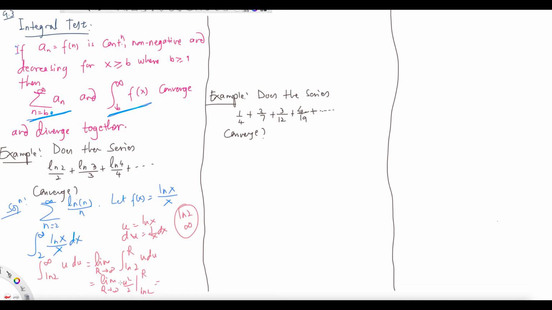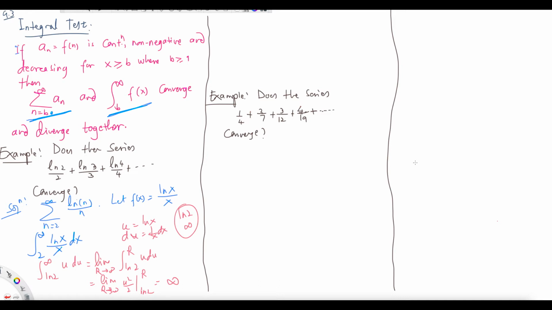If you plug in r, you will get r squared over 2 minus natural log of 2 squared over 2. And when r tends to infinity, that r squared becomes infinity. So it diverges. This integral diverges, which means the series diverges.